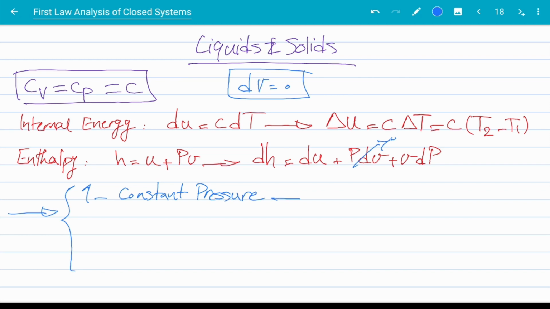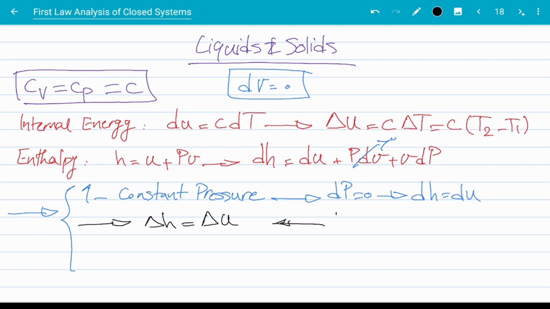This means that dP is 0, meaning dH is equal to dU. It means the change of enthalpy of the system is equal to the change of internal energy of the system. Now, an example for a constant pressure process is a boiler or heater.